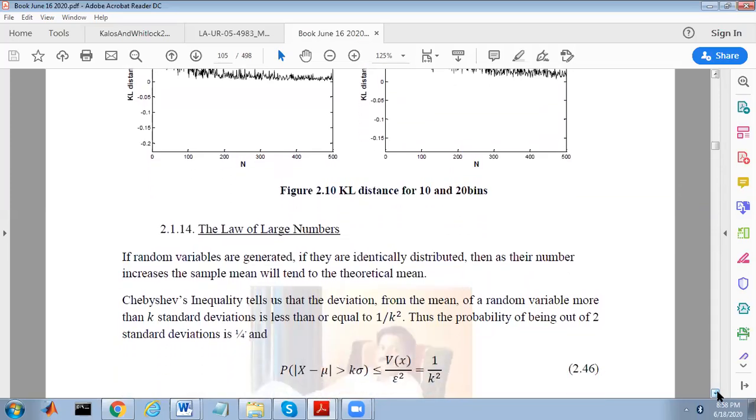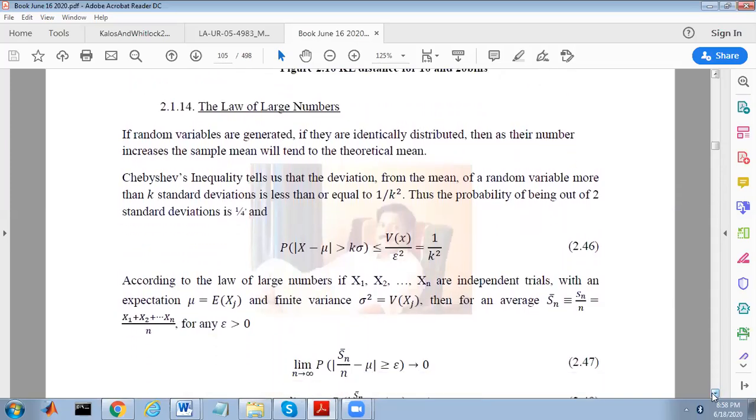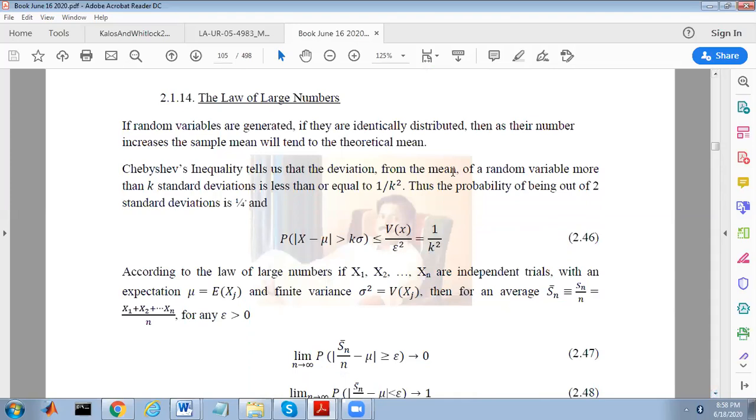Okay, now as I said, I'm going to look at some fundamental probability. Now there's something called the law of large numbers. In English it says that if random variables were generated, if they were identically distributed, and if you take more and more of them, then the sample mean that you get will converge to something called the theoretical mean.